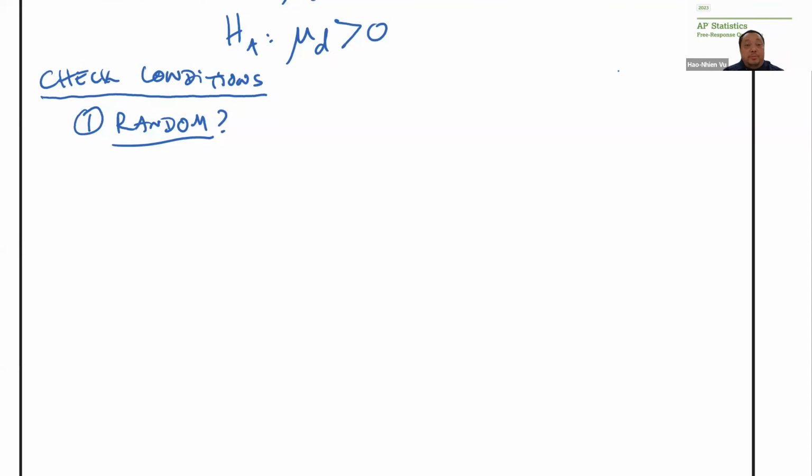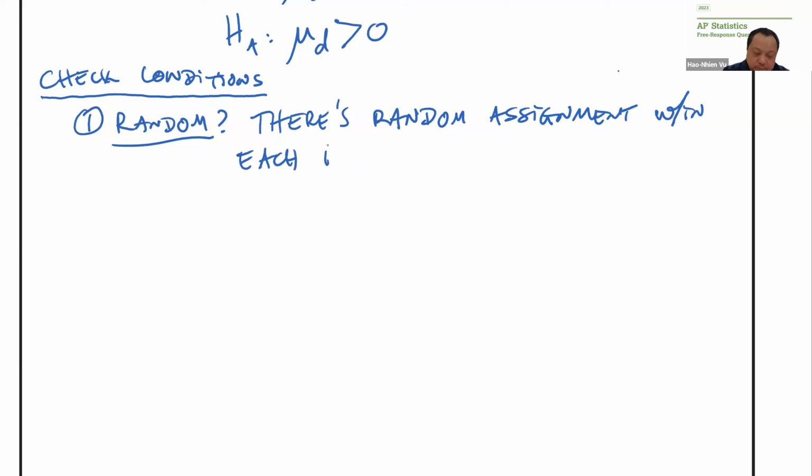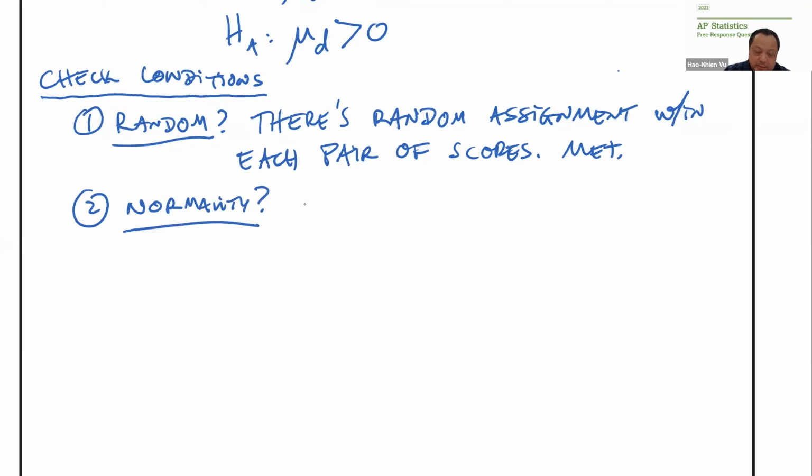There is randomness because there is random assignment between pairs. That's how randomness is done for matched pairs. This condition is met. And number 2 is normality. N is 19, and that is less than our usual cutoff of 30. So we have to look for normality somewhere else.